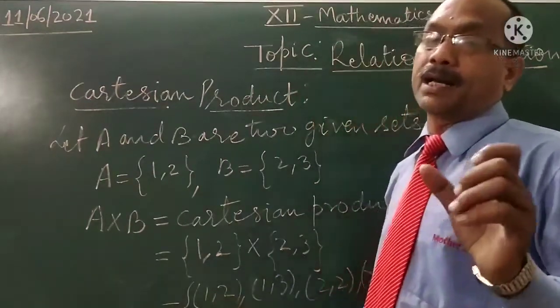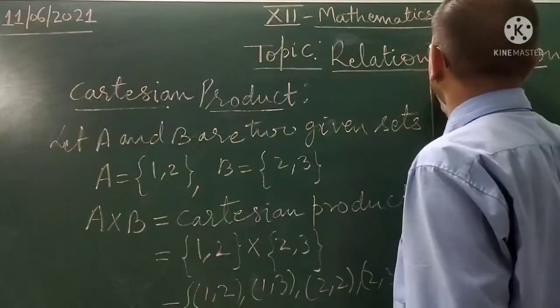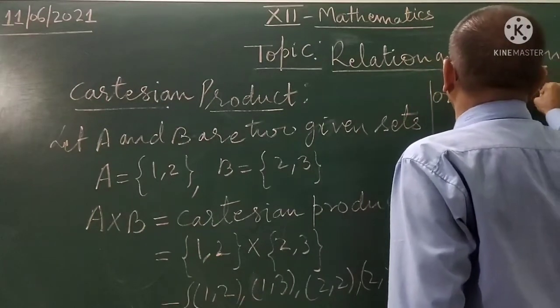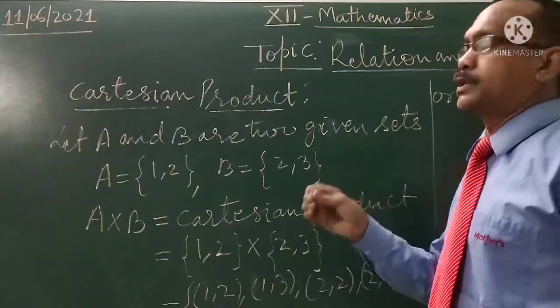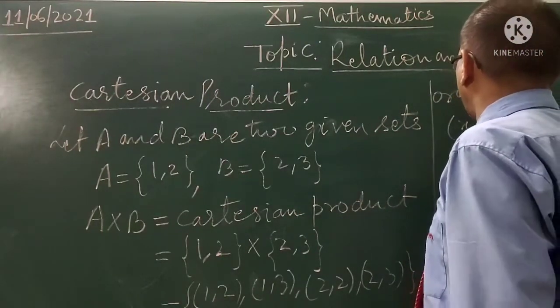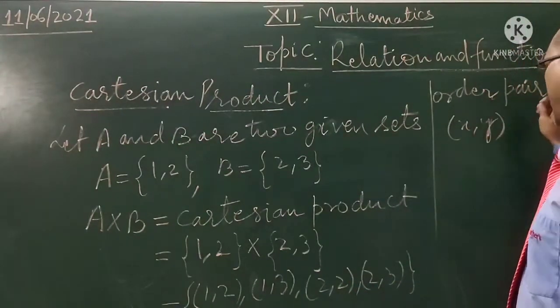(1, 2), these are called the ordered pair. Ordered pair means it is like the point in two-dimensional geometry, like (x, y). So (x, y) is called ordered pair.